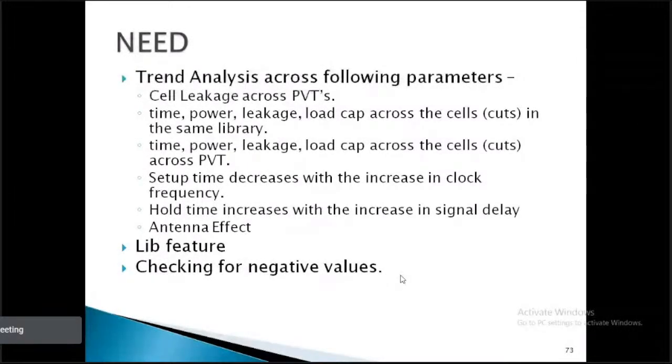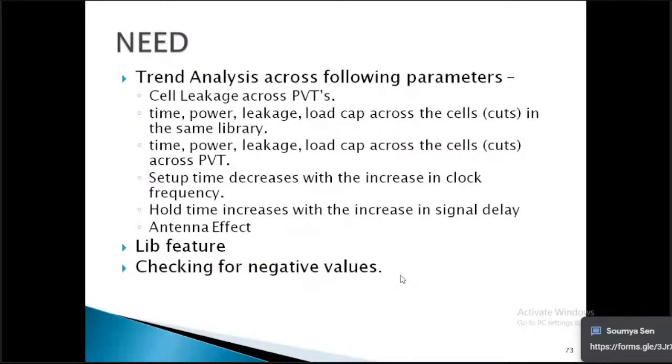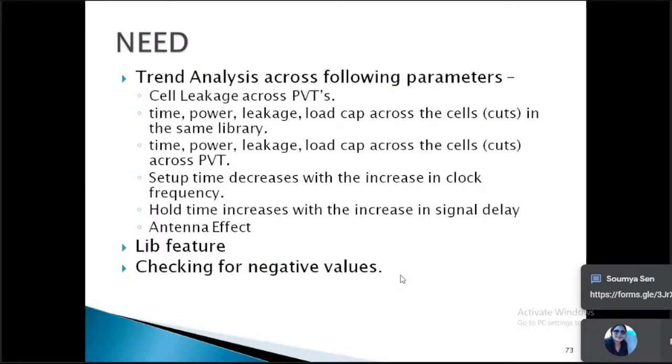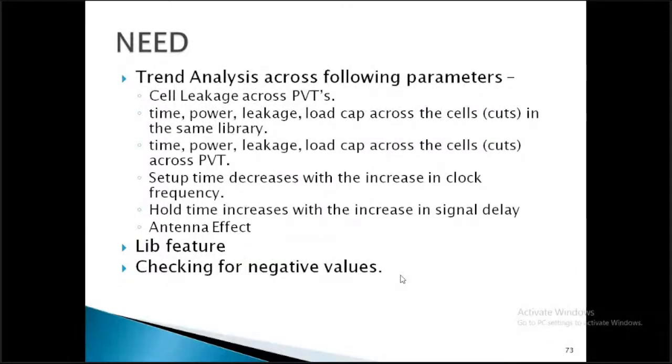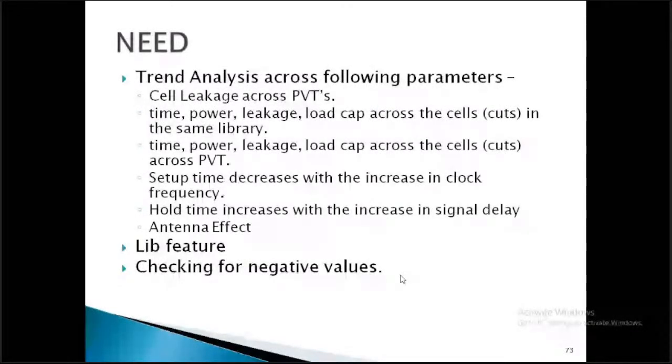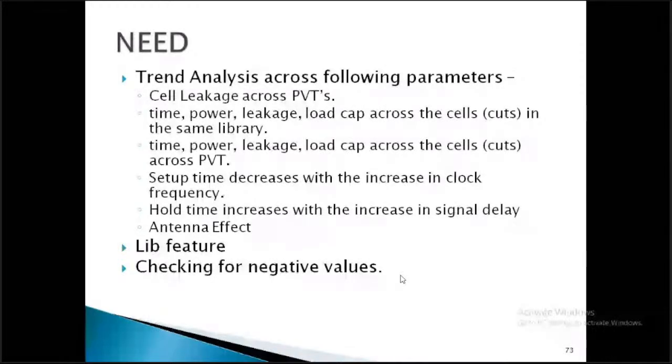In our methodology, we know NLDM is when input goes from 0 to 50%, the same output goes from 0 to 50%, then we subtract both times and we get the delay. But if you see, when the input is changing 0 to 10% only, the output is getting full charge, the capacitor is getting full charge. In that case, what will happen? The delay will come negative. So all those things we analyze in our circuit. We have to take care of everything.